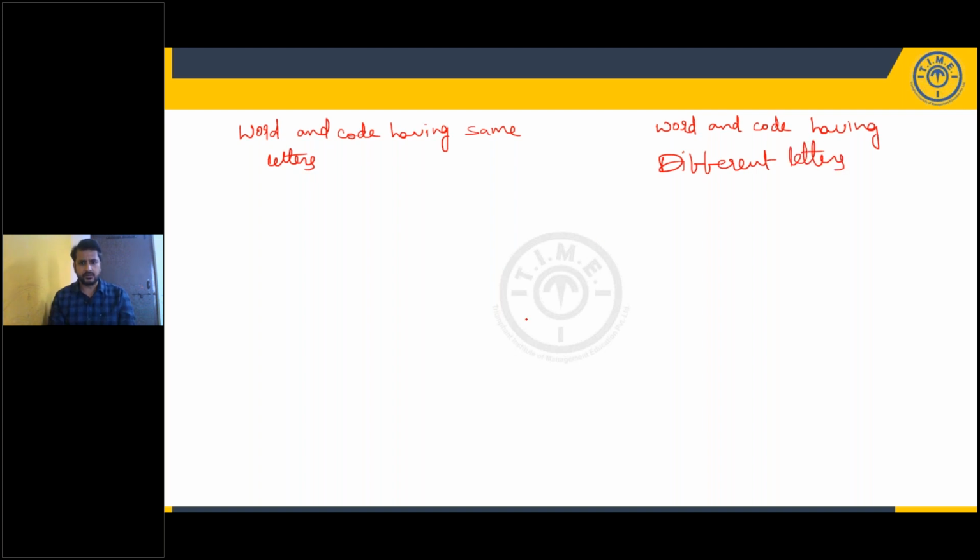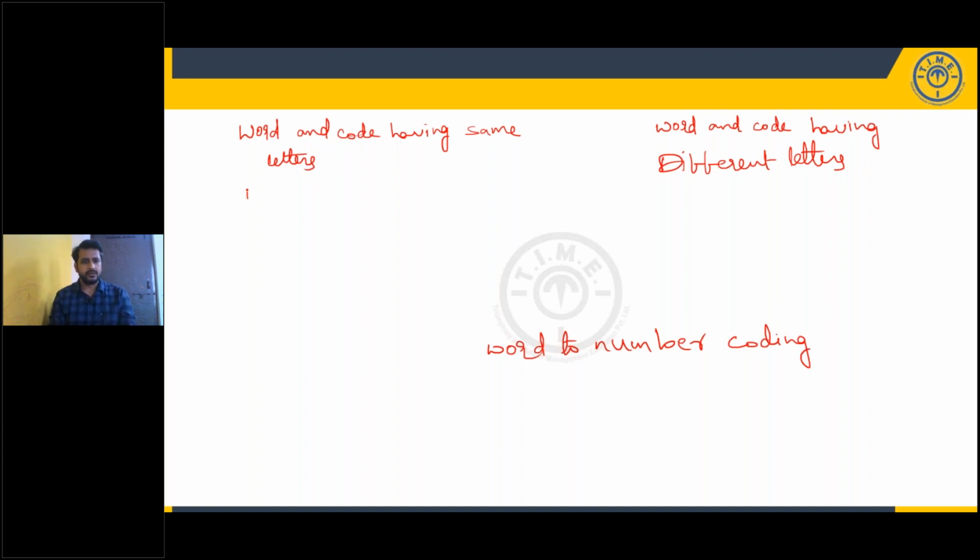Basically we have a third model also, that is word to number coding. These three models are generally given in the SSC exam.